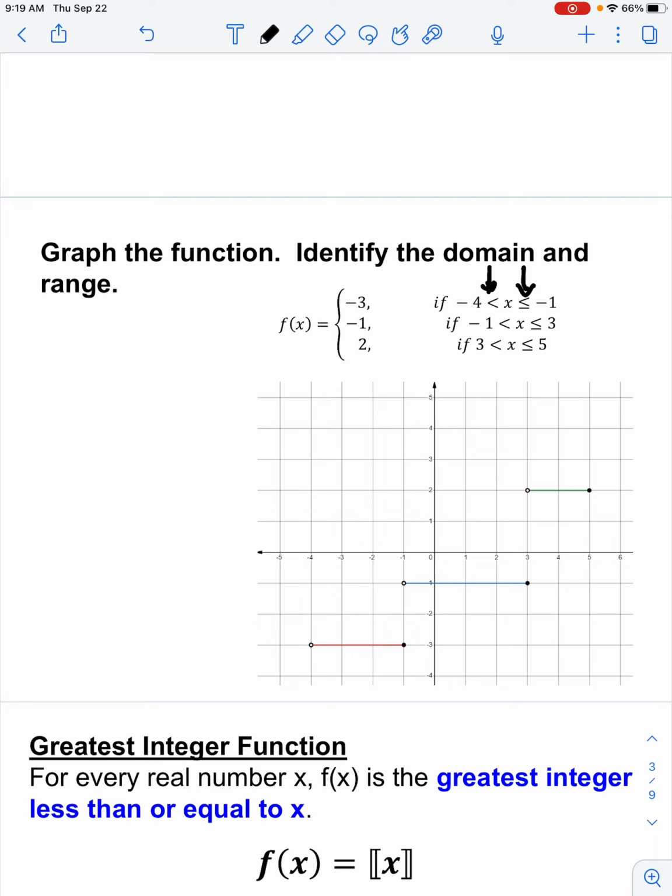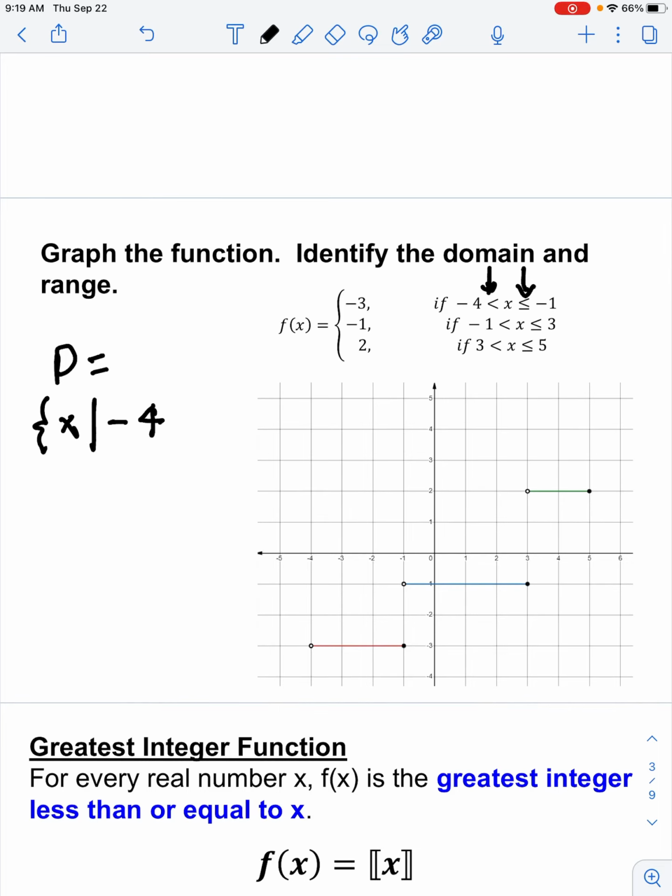And then when you jump up to the next step where y is 2, it does not include 3, but that's okay because it's included on the previous step, and that gets all values of x between 3 and 5, inclusive of 5. So for our domain, I could say the domain is equal to x such that, and I'll write it in compound form, -4 is less than x is less than or equal to 5.